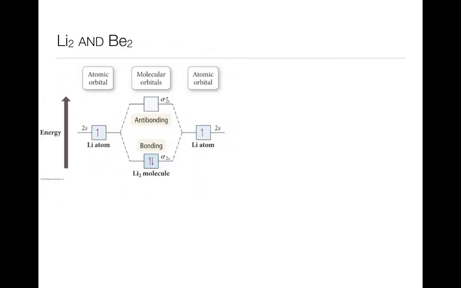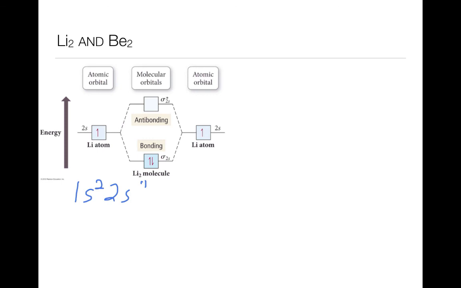So let's look at our first 2 period 2 elements, lithium and beryllium. Let's take a look at Li2. Can lithium be a diatomic molecule? If we look at its electron configuration, lithium is 1s2, 2s1, so we have that 1 electron in the 2s. That's all we've got in our atomic orbitals.